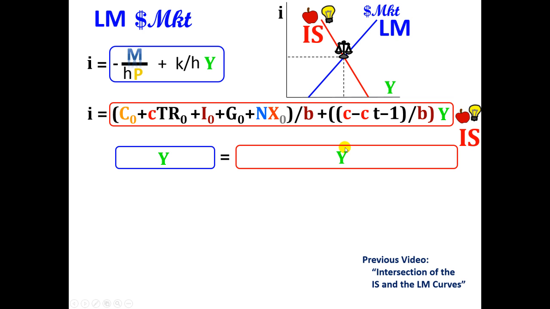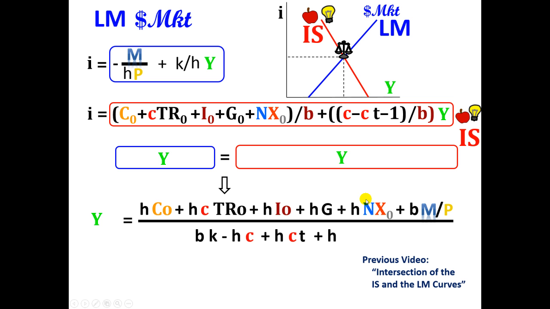So if I isolate this y, I am going to get the y in equilibrium, the y for which the interest rate in both cases is the same. If we do that analytically, we get this expression, and the y value that we get is y in equilibrium.